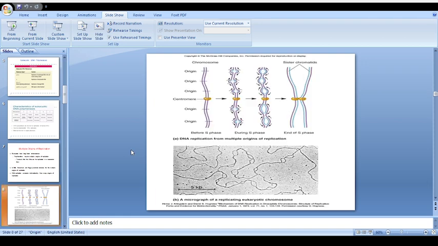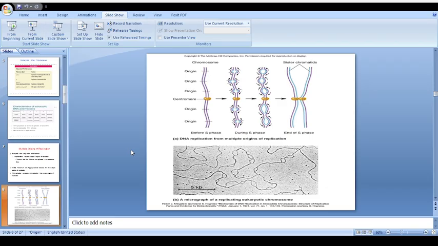the chromosome, where the centromere is, where the origin is, and that multiple origins are available. The DNA is synthesized during the S phase of the cell cycle, and it comes to an end in the synthesis of our chromosome itself.